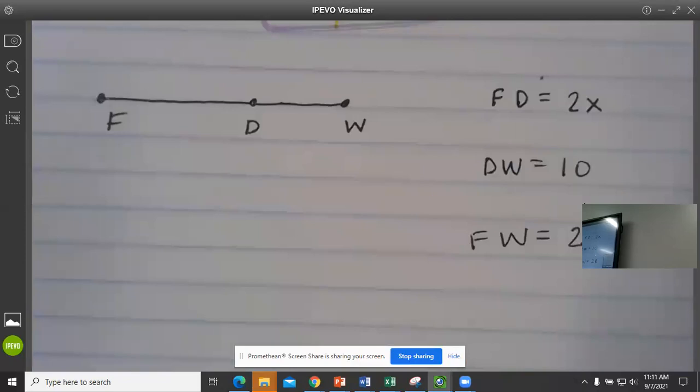Now label F to D is 2X. Yeah, you're ahead.